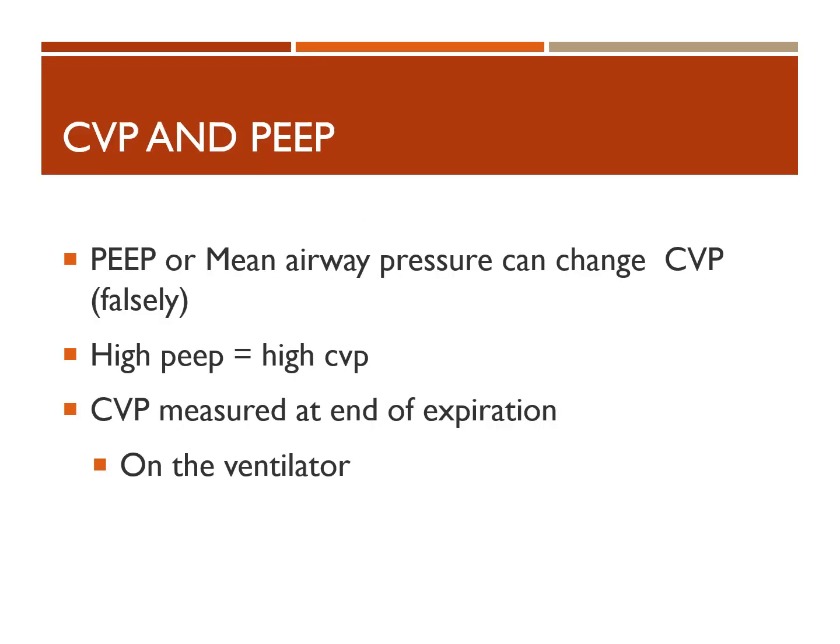And I already talked about this in the first slide a little bit. It can change the CVP falsely. It'll show it higher than it actually is. So when we're looking at a high CVP with someone that's on positive pressure, whether it's non-invasive or invasive, that could make the numerical value higher than what it actually is. So let's say it's 2 to 6.